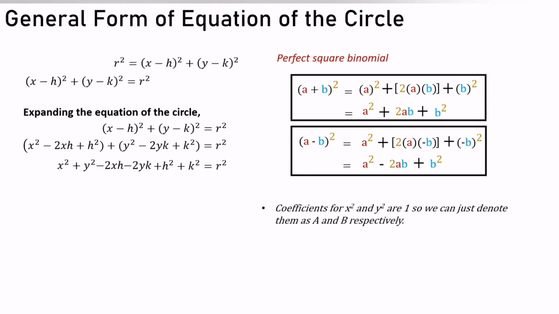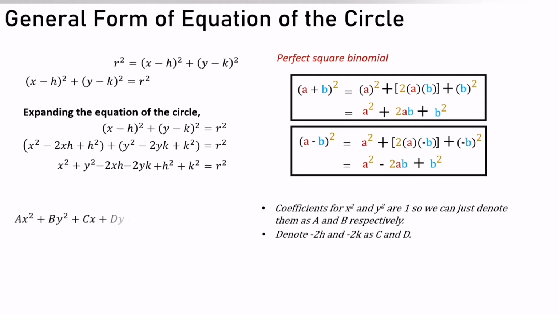Now the coefficients for x squared and y squared are 1, so we can just denote them as a and b respectively. Also, we denote negative 2h and negative 2k as c and d, because these are just constants. We have x and y as our variables.